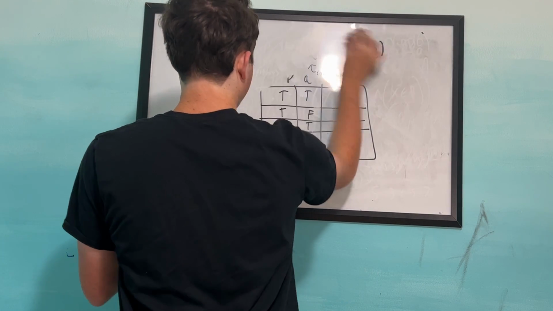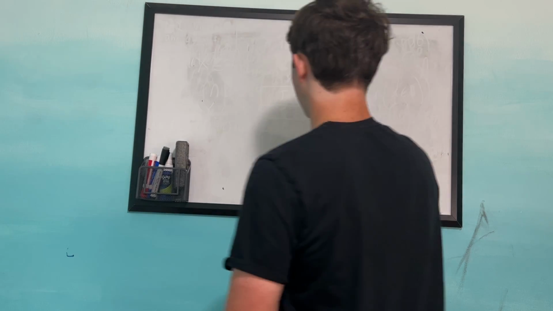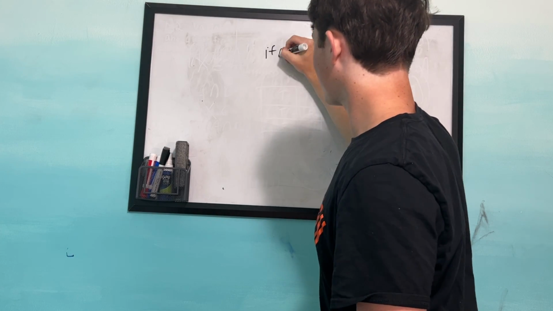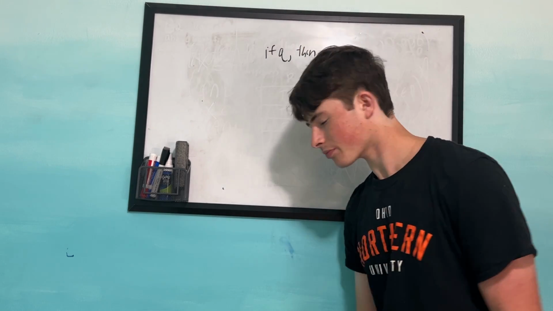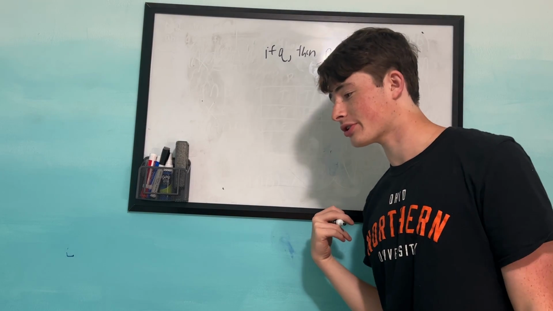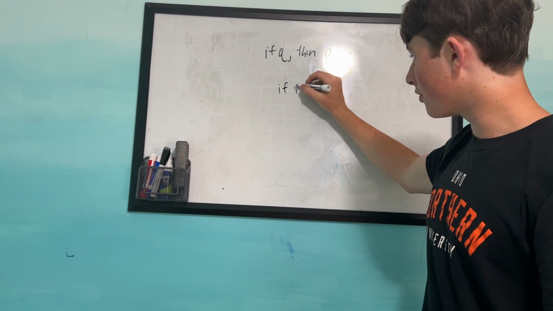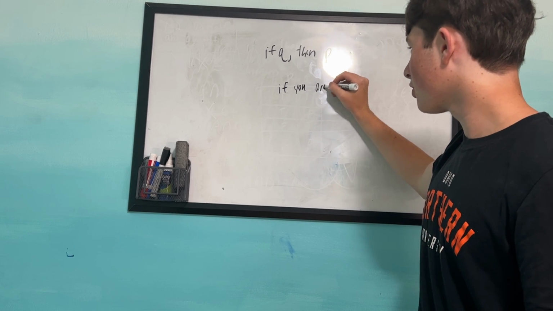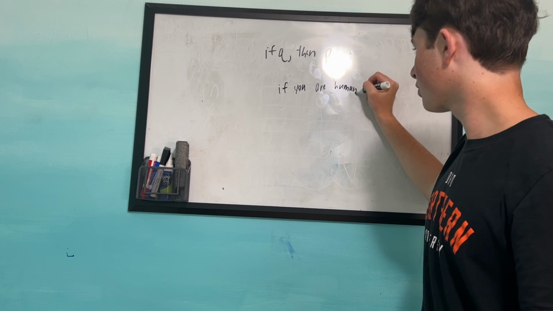After we have the conditional statements, we have the converse statement. So instead of if P then Q, it's if Q then P. These statements, even if their originals are true, are not necessarily always true. Like if we have, if you are human, then you are an organism.